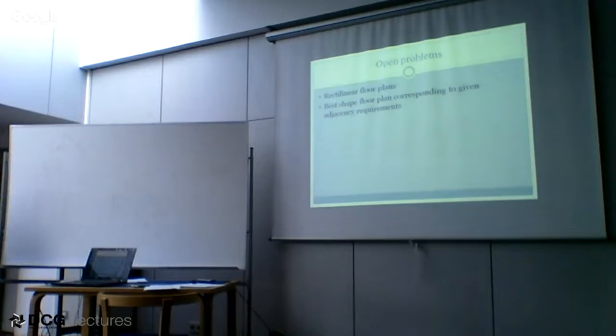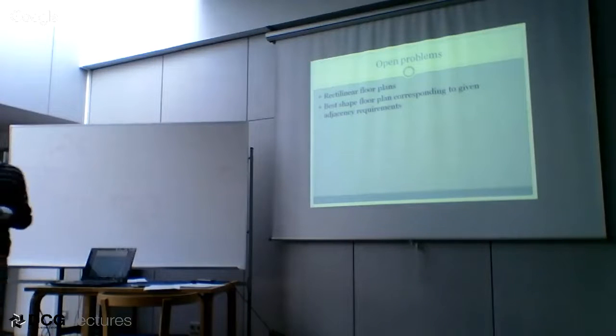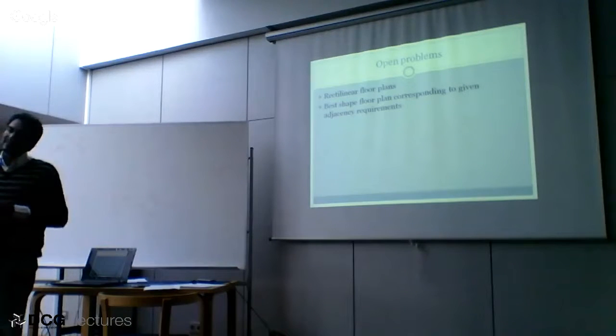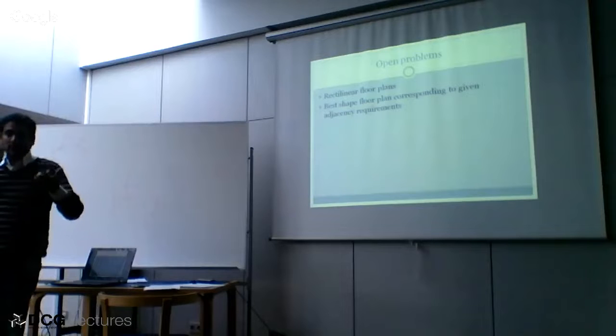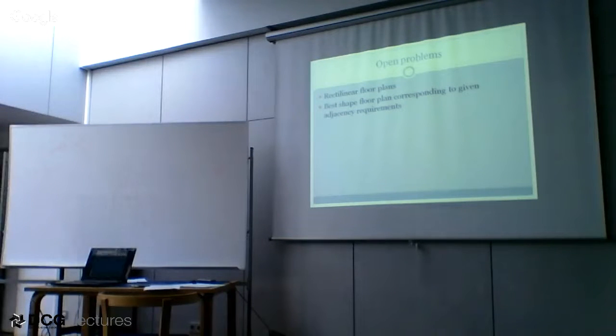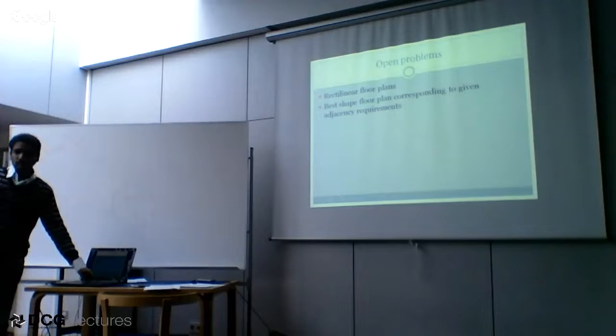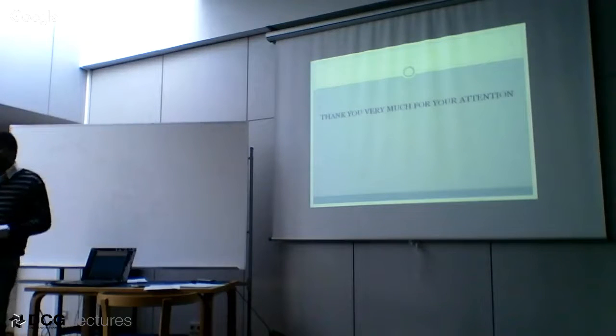So we have just worked with the plus shape floor plan, but still the problem is open for rectilinear floor plans, so that we can consider all the orthogonal floor plans, and then according to your desire we can say, okay, if you want an L shape, then here is the L shape floor plan or other shape floor plans. Or the problem is to look for the best shape which fits the given rooms and the adjacency requirements. Thank you very much.